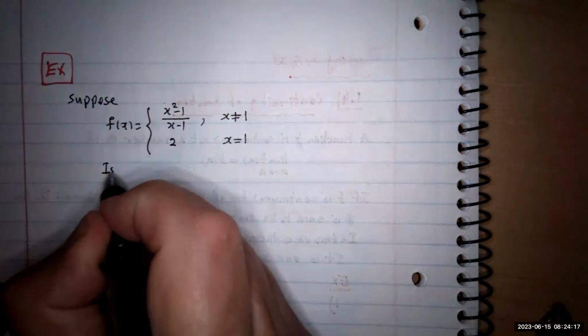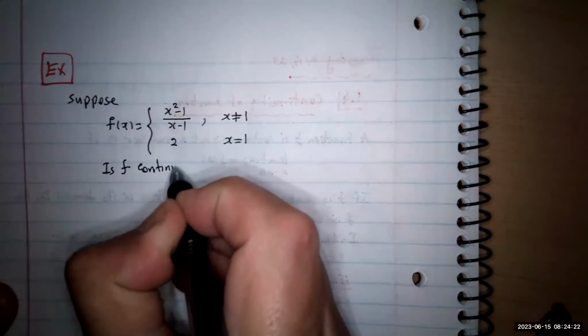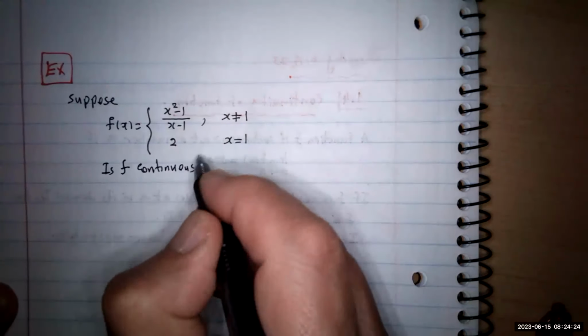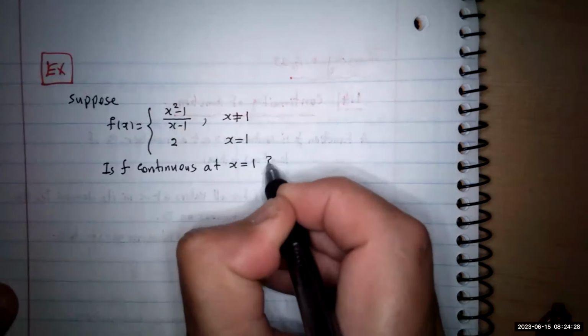So the question is, is f continuous at x equal to 1? That's it. So you have to check the continuity. What you have to check? You have to check the limit of f of x as x goes to 1, and you have to check f of 1.